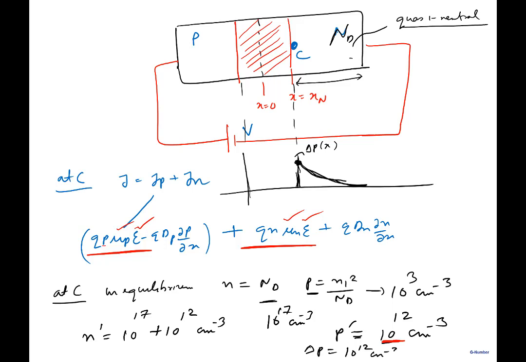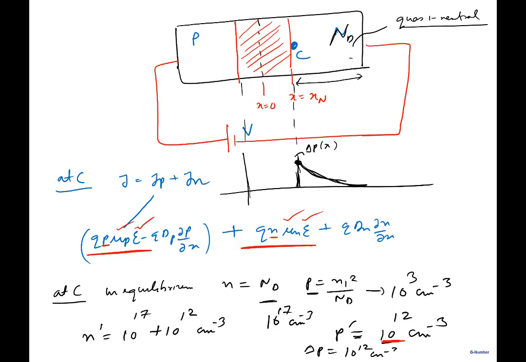But if I look at P and N, what do I find? N is much, much larger than P. So now you may say it may not always be the same. What if this P dash is 10 to the power 16? If P dash is 10 to the power 16, is N still much, much larger?